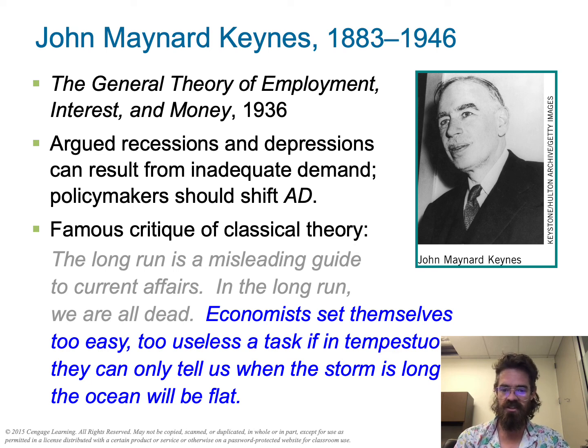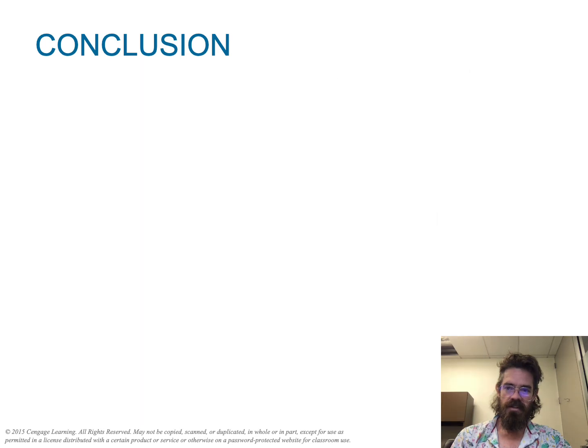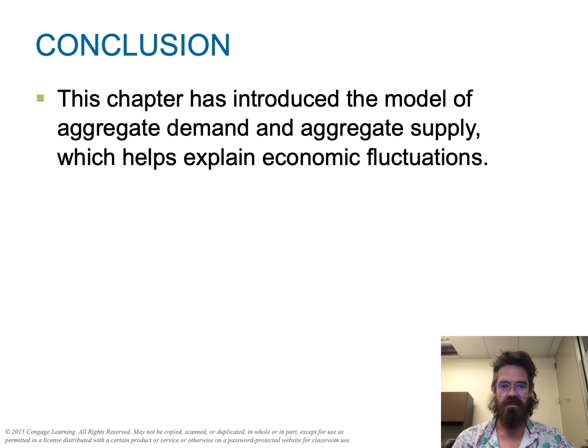And so he was actually the person that developed the aggregate demand, aggregate supply model that we just learned in this chapter. He was the main motivator for the fiscal and monetary policy that we're going to learn about in the next chapter. So, to conclude this chapter, we were introduced to the model of aggregate demand and aggregate supply, which helps us analyze and explain economic fluctuations in the short run.